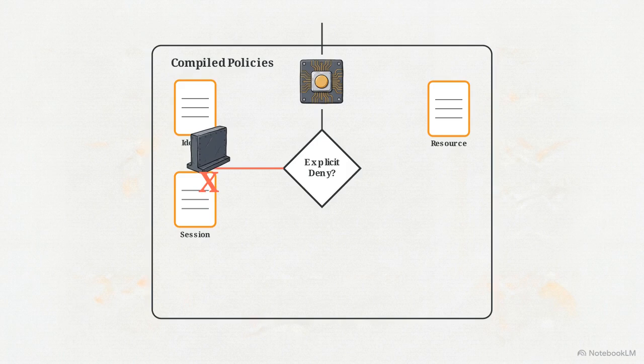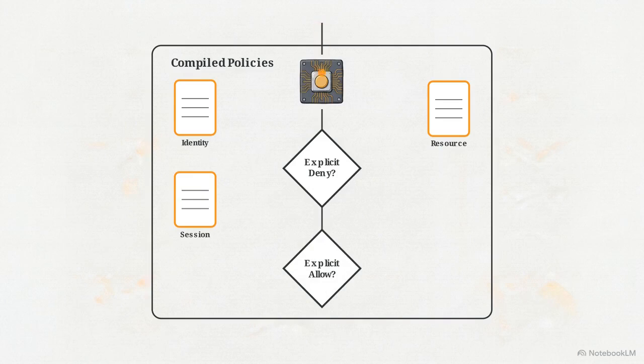An explicit deny is absolute. If the engine finds a single explicit deny that matches the requested action and resource, the evaluation ends instantly. The transaction is rejected and no further rules are checked. An explicit deny overrides any allow. Rule number 3. If no explicit deny is found, the engine scans the policies for an explicit allow.